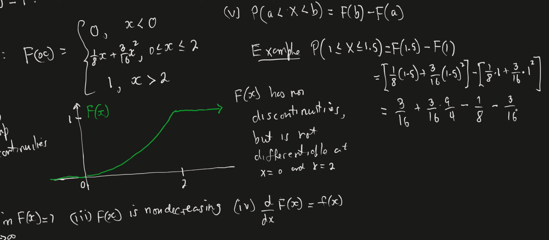So the 3/16 goes. Here we have 27/64, so 27/64 minus, and then write this as 8/64, and 27 minus 8 is 19/64. So that's the probability that this random variable is somewhere in the interval 1 to 1.5, right?